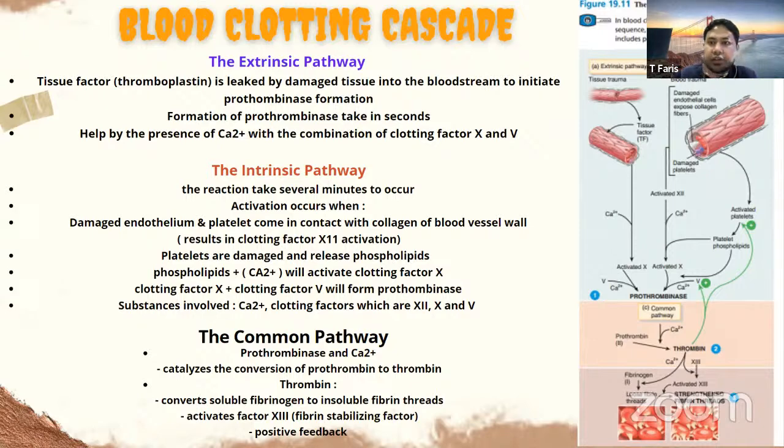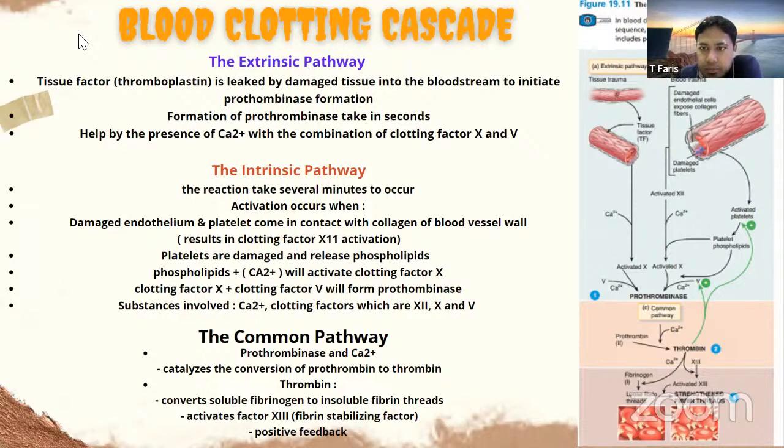Why is it not intrinsic? Why did they choose extrinsic? Maybe because the cut is not very deep. It's not too deep.